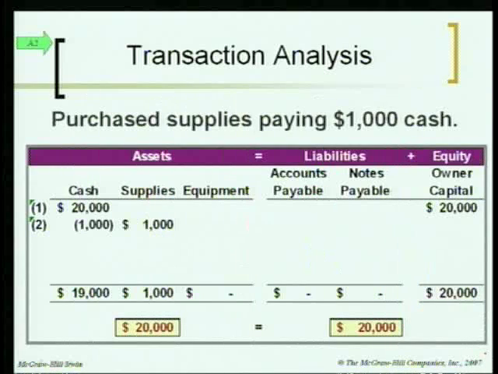So when you look at it in this format, cash goes down by $1,000, supplies goes up by $1,000, the net effect to the asset side is 0. And does the accounting equation hold? Yes, it does. Now, note something here.